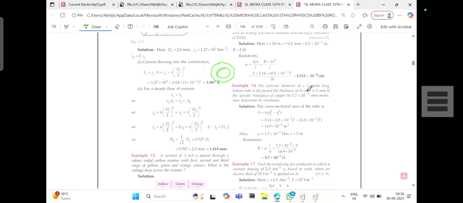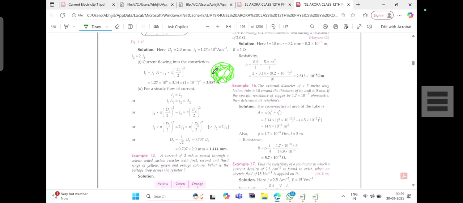That is the external diameter of the outer surface, and we know that the current flows in between these areas, in the shell.